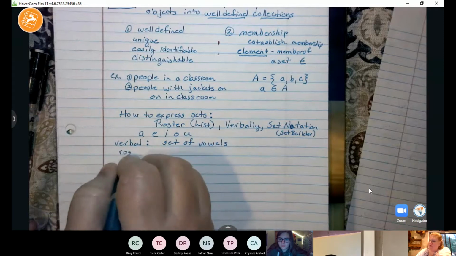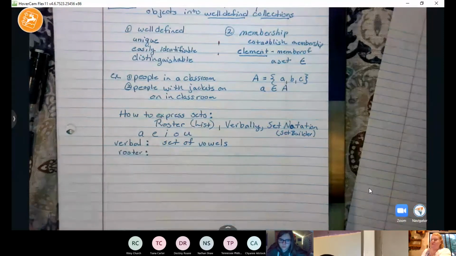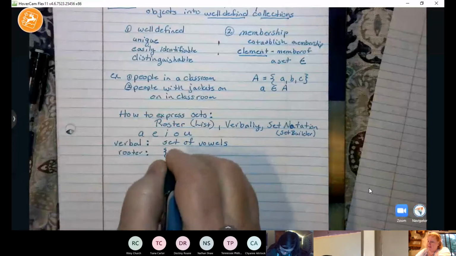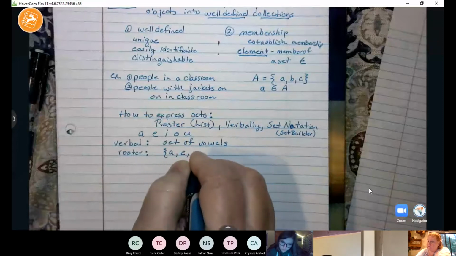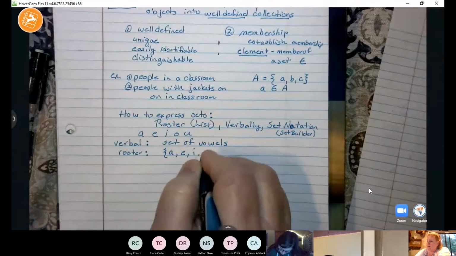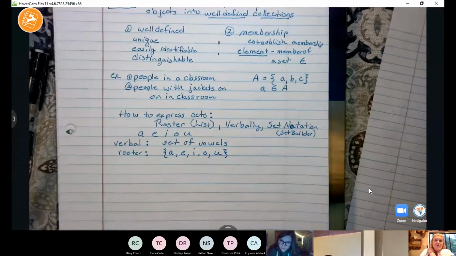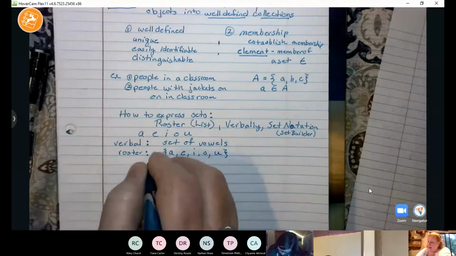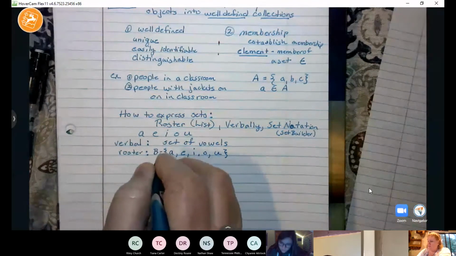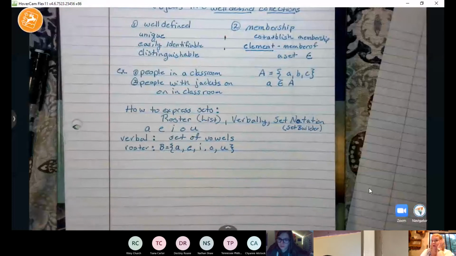If I was going to give the roster of this set, I would just use the braces and list each of the items of the set with the braces on each end. Now you could also give it a name. It can have any capital letter for the name. You don't have to give it a name, but a lot of times we do give sets names.